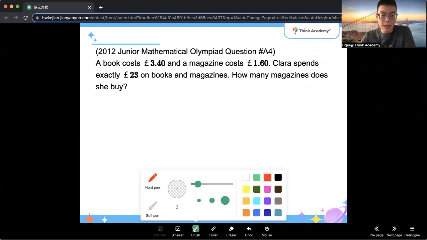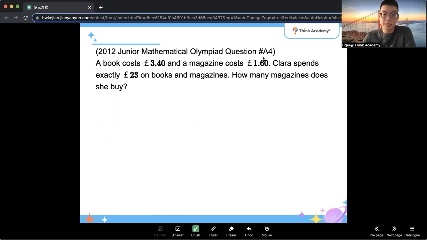The first one here can be a bit easy because this is from section A. It says that a book costs £3.40 and a magazine costs £1.60. If Clara spends exactly £23, how many magazines does she buy? First of all, we can simplify it.